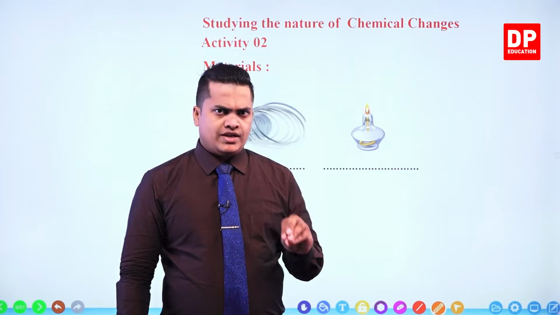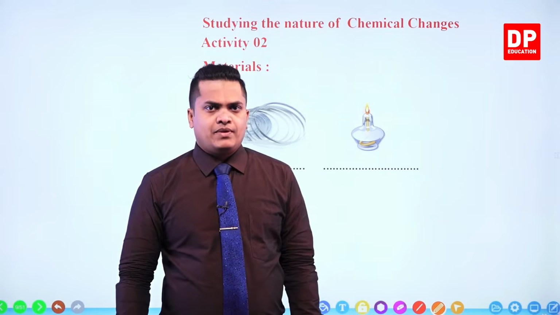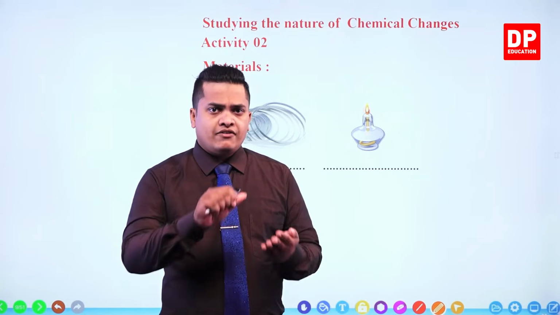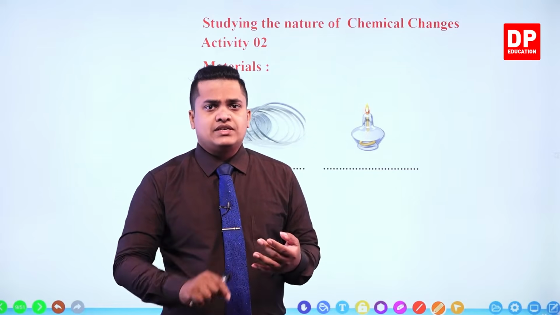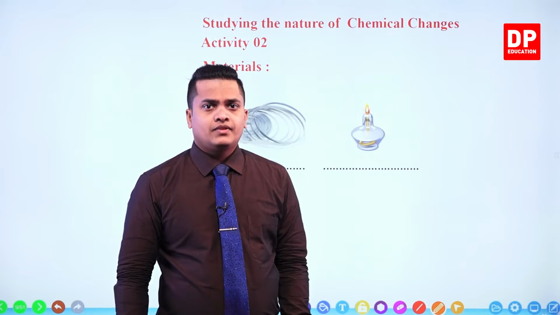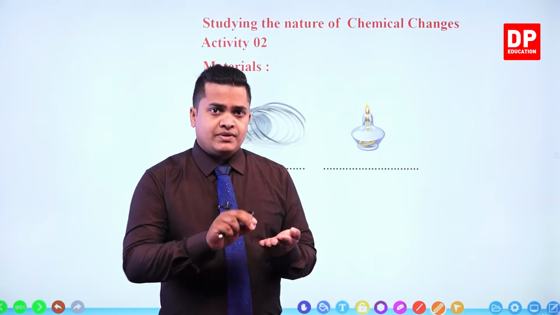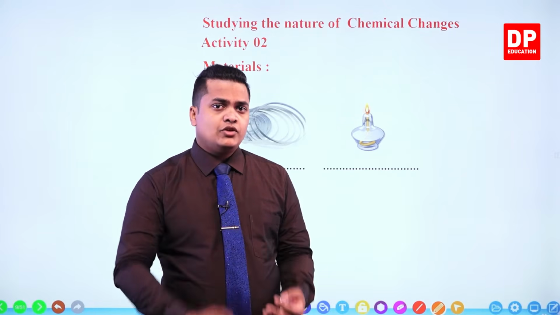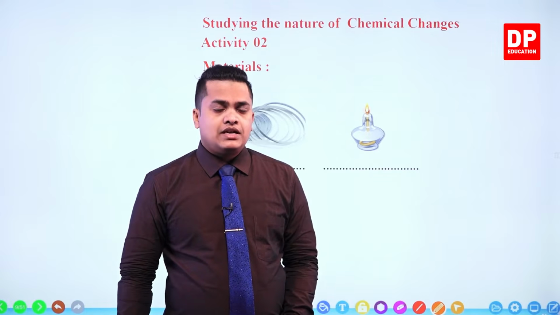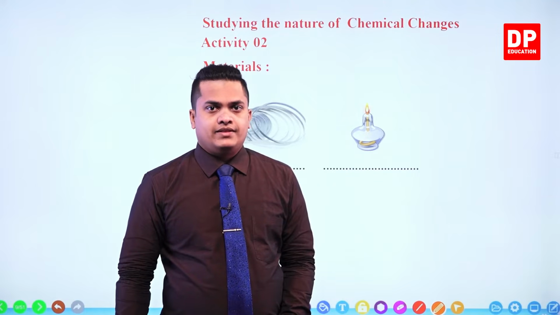So when you are going to take magnesium for a certain experiment, first of all, you have to scratch it very well using a sandpaper and remove that oxide layer. When you scratch the piece of magnesium, you can observe the metallic luster of magnesium very well.